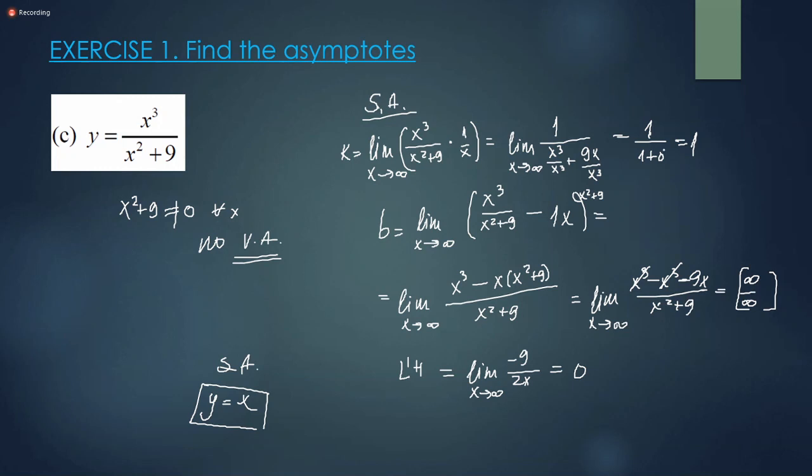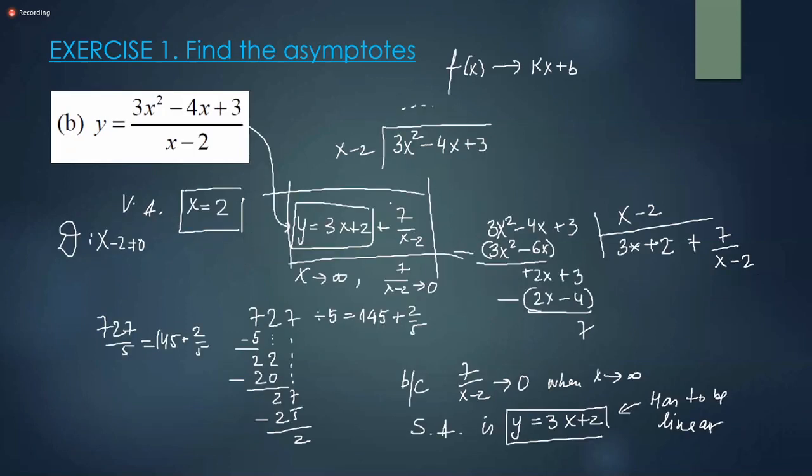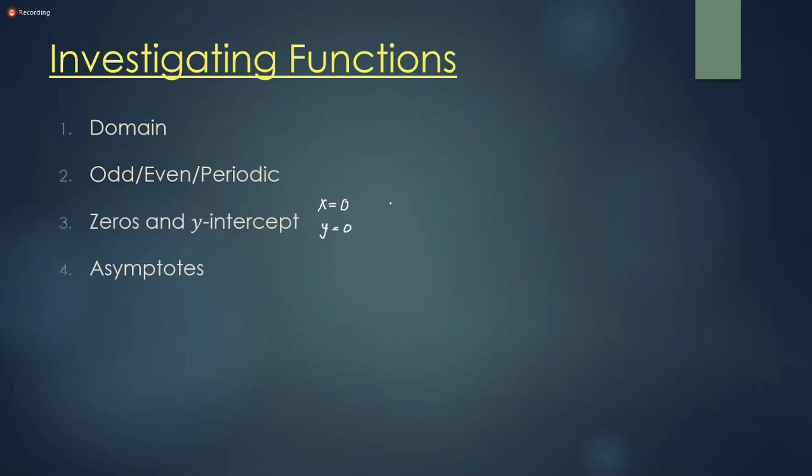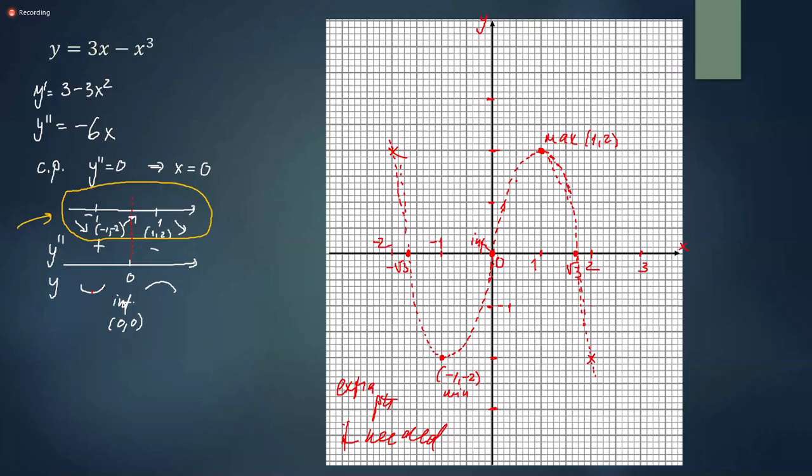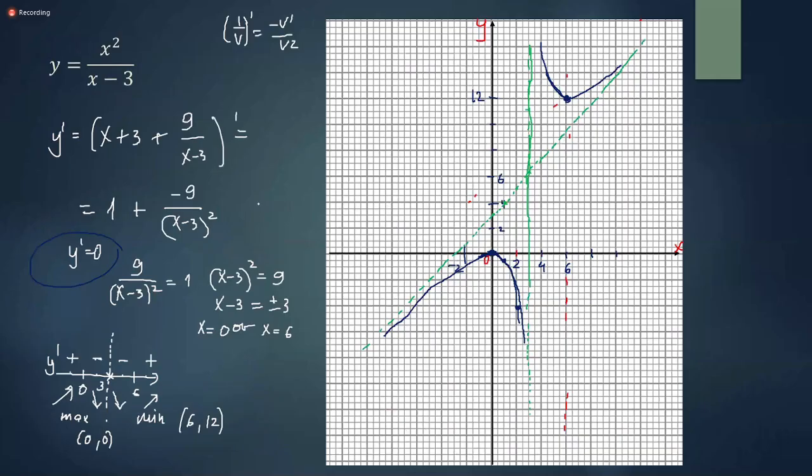You will see that the slant asymptote is y equals x, and there's no vertical asymptote, because instead of 9 in our function, we have 1. You see how it makes absolutely no difference here, which means we will save time with asymptotes.